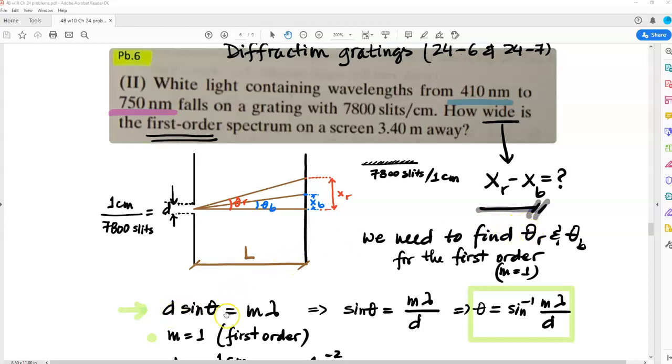So in order to use the formula d sine of theta equals m lambda, and you're looking at the first order, right, because they want the first order, pulling out sine of theta from here, it's m lambda over d. M is going to be 1 later on, but getting theta by itself, it's inverse sine of this quantity.